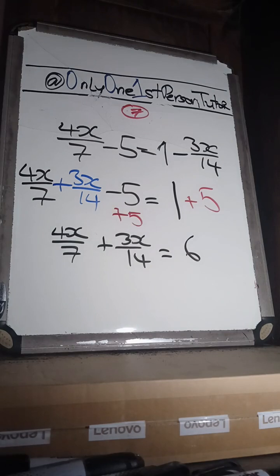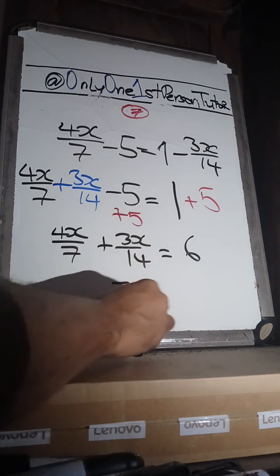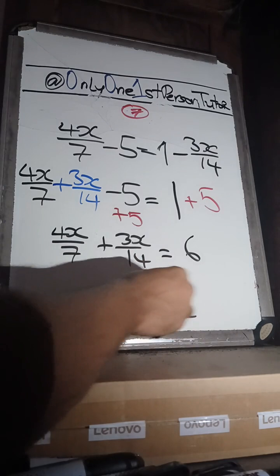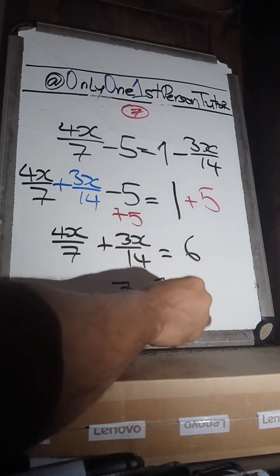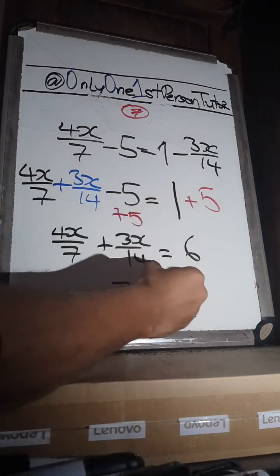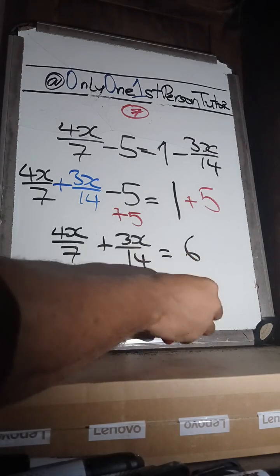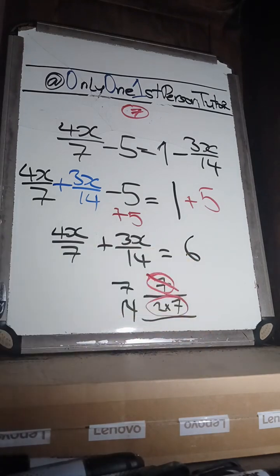Now, the LCM of 7 and 14 is 14. Right? You have 7 and 2 by 7. And just so you understand what I'm saying, right? So here we are. So therefore the LCM of 7 and 14 is 14. This needs to become 14.